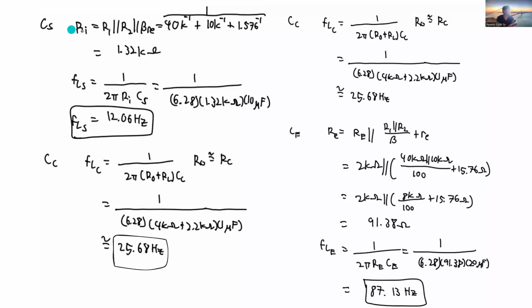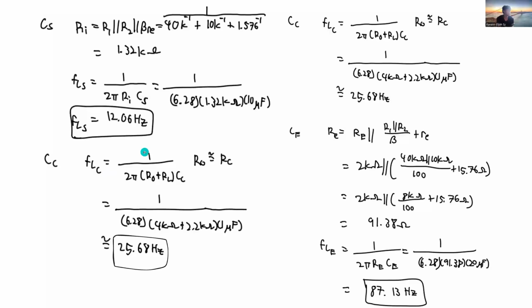We apply the formula Ri is equal to the parallel of R1, R2, and beta RE. And then apply the formula 1 over 2 pi Ri Rs CS. We apply the CS from the given, Ri from what we have computed here, and 2 pi. We will get FLS. This is the cutoff frequency for the source.